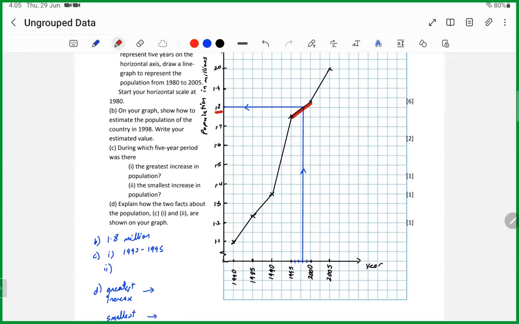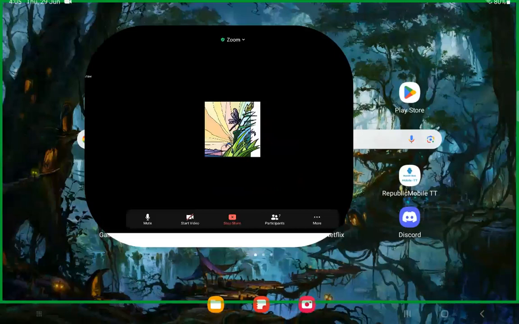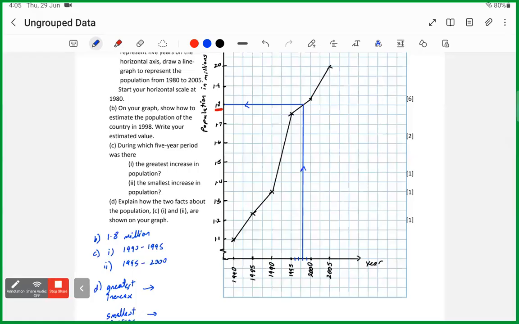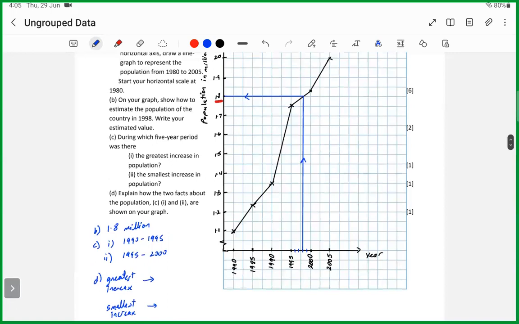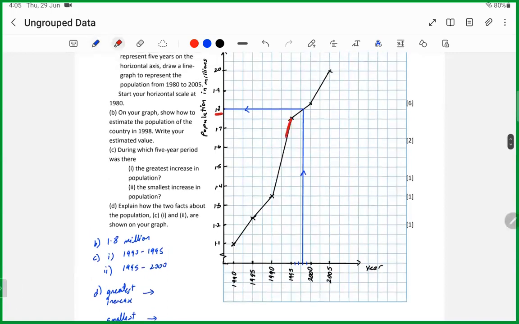So that's 1995 to 2000. So the greatest increase is here, 1990 to 1995, and then the smallest increase is there, 1995 to 2000.